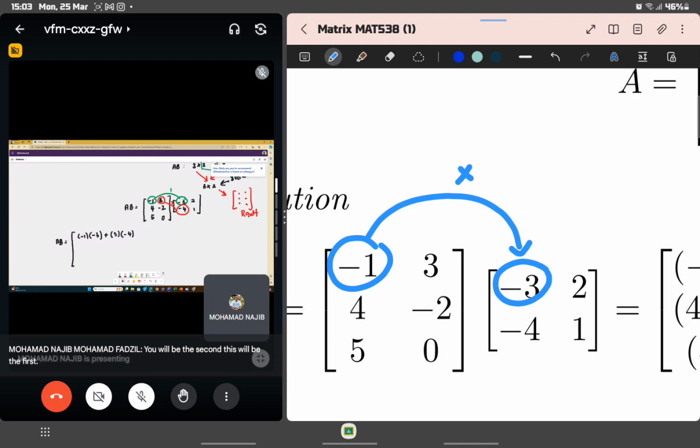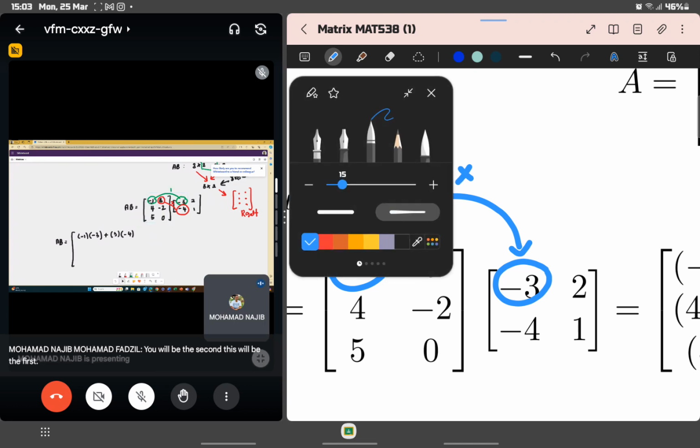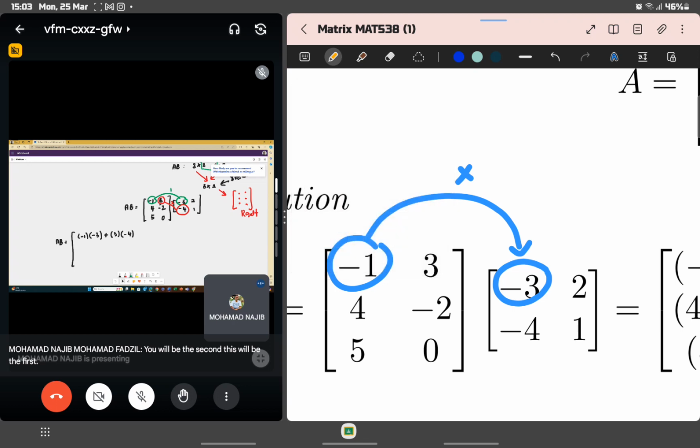Nampak tak? Kita punya gerakan masih dalam first row, first column. Oleh kerana sini ada dua elemen, first dengan first, second dengan second. Kalau ada third, third dengan third. Okey, boleh situ? Jadi -1 darab -3 tambah 3 darab -4. Boleh? Boleh, sir. Okey, kata sana saya patah balik sini.